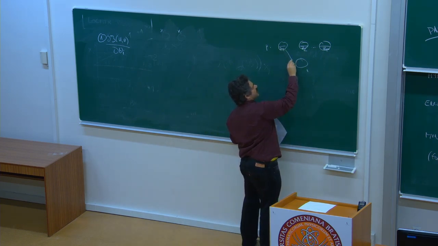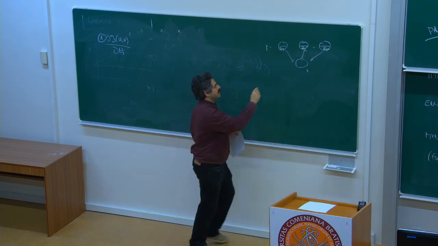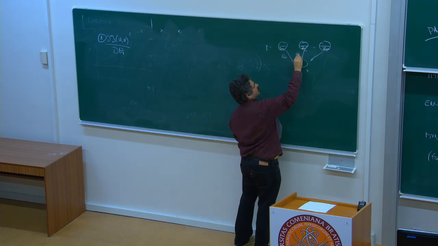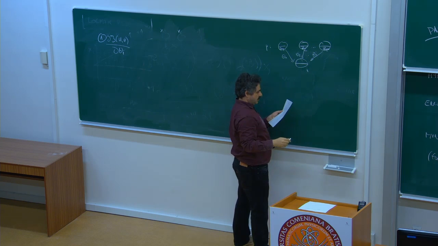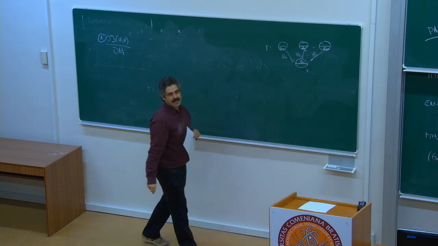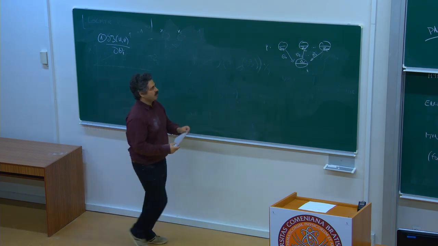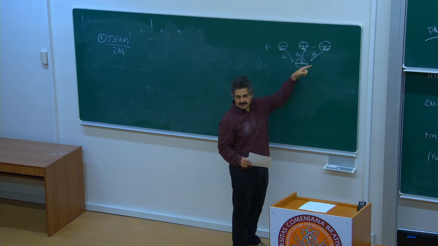Then these values of Z are combined with these theta parameters, theta1, theta2, theta p, into one single value, which I will denote A. This is just a linear combination of these z's and thetas.